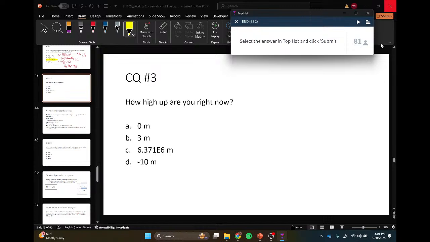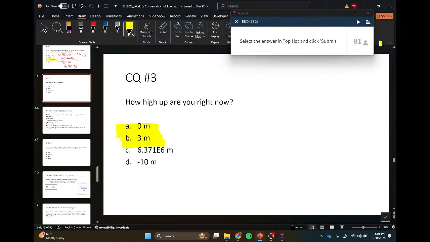We're technically not on the first floor, so for some of you, from your feet to the dirt outside would be like 3 to 5 meters. The third answer is from your feet to the center of the earth. And part D is from your feet to the floor above us. You are negative 10 meters below that. If you're below it, it's negative. If you're above it, it's positive. So every single answer here is right.